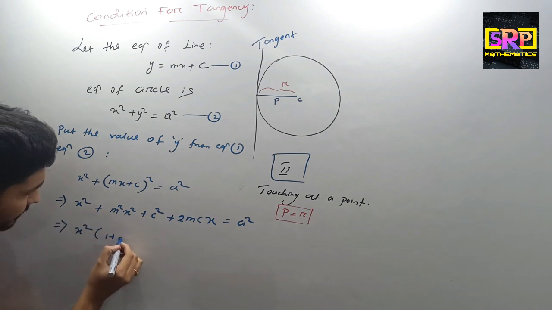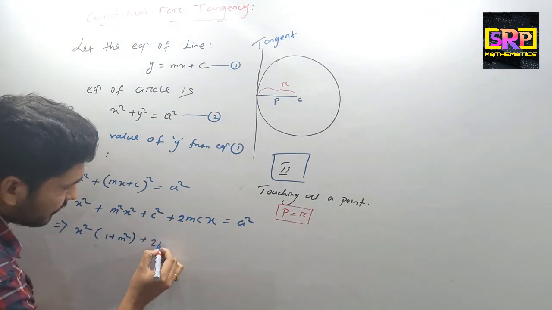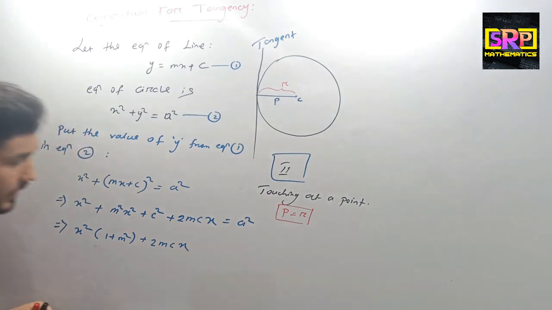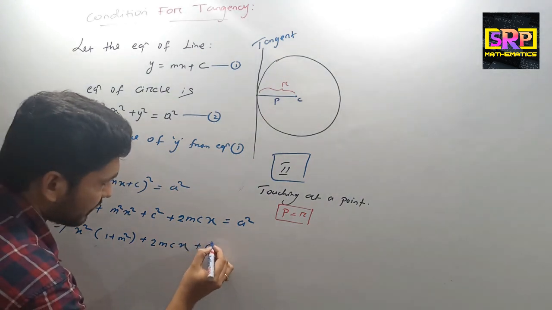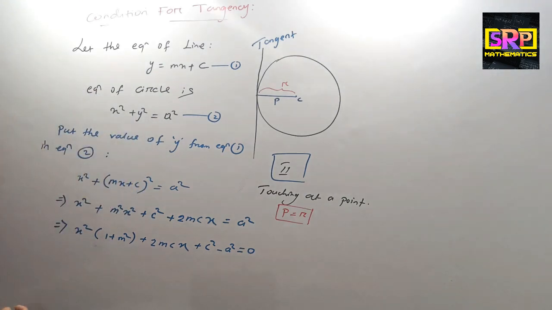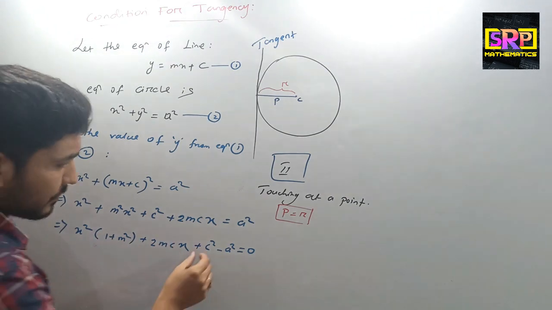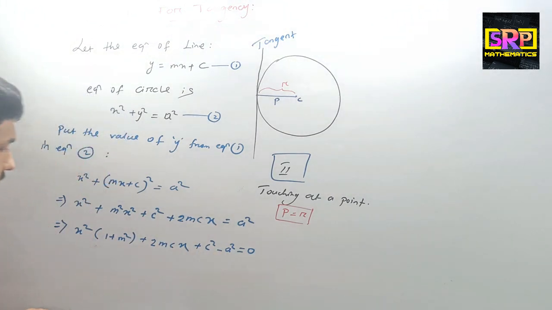This is (1 plus m square) x square plus 2mcx plus c square minus a square is equal to 0. So this is a quadratic equation of the format ax square plus bx plus c is equal to 0.